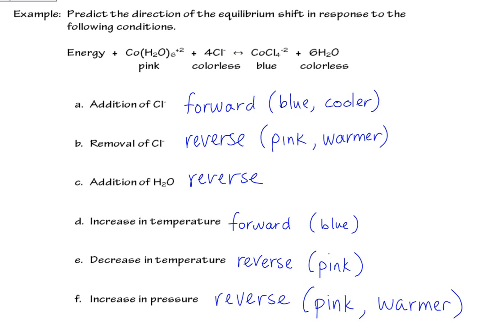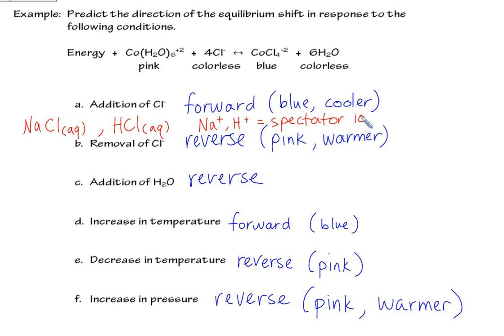So, for example, good examples might be a sodium chloride solution. You could add aqueous sodium chloride. You could add maybe some hydrochloric acid. Both solutions will have chlorine ions, but in both cases, the sodium and the hydrogen are spectators.